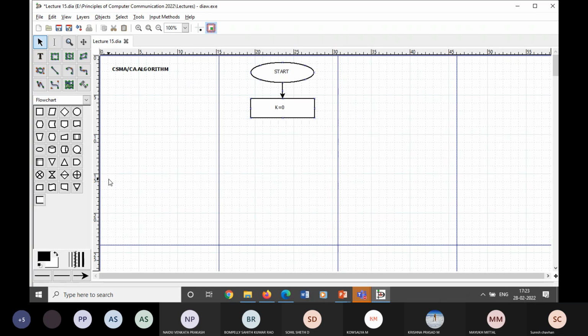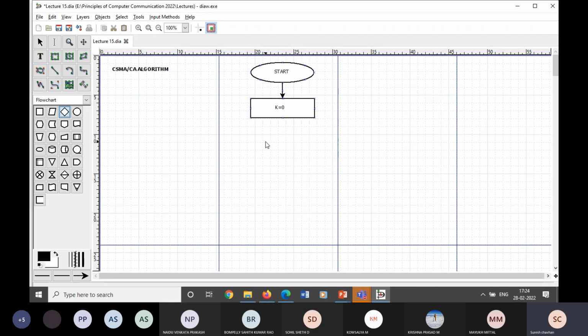After initializing the number of transmissions as 0, the very first thing the station has to do is detect the channel.